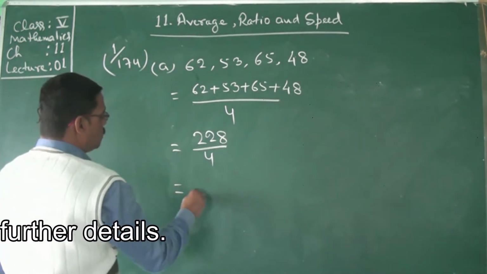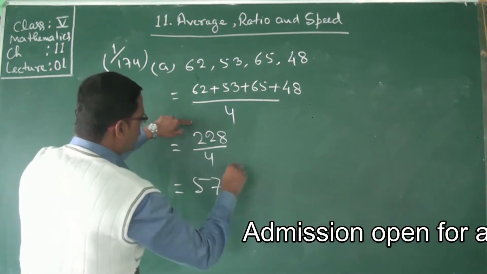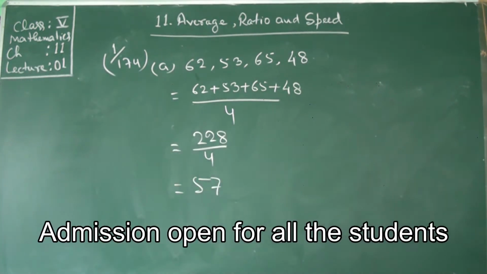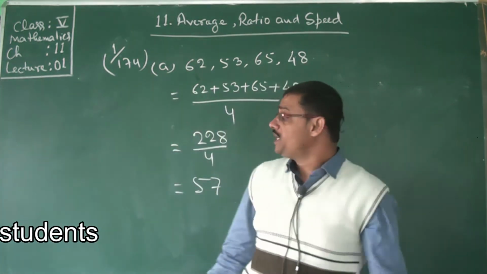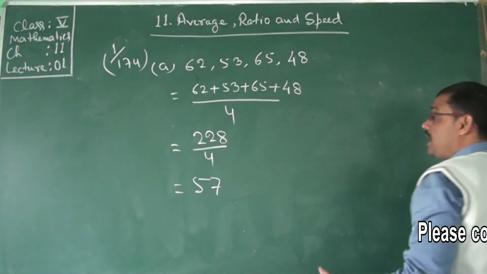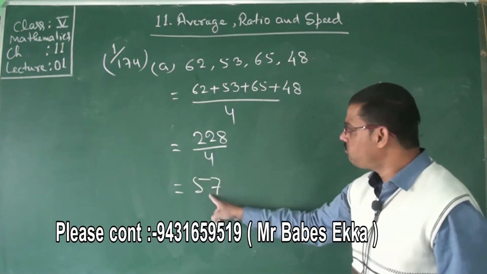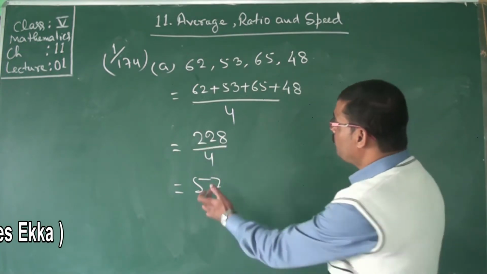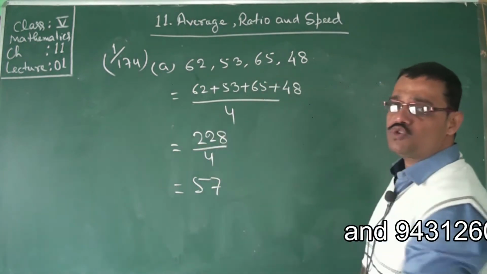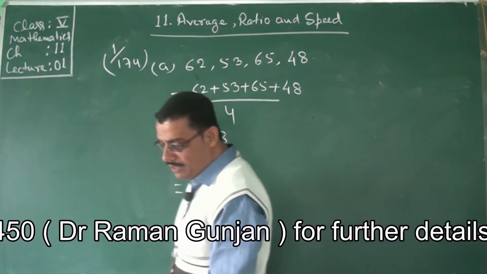This will be equal to 57, as 4 5s are 20 and 4 7s are 28. To verify, as I explained, average into number of quantities will be the sum of quantities. If you multiply 57 and 4, you will get 228.